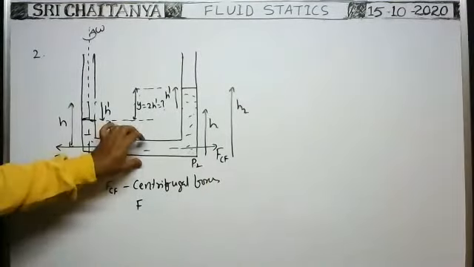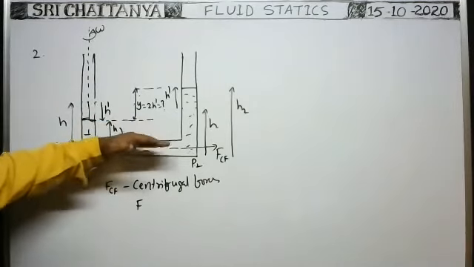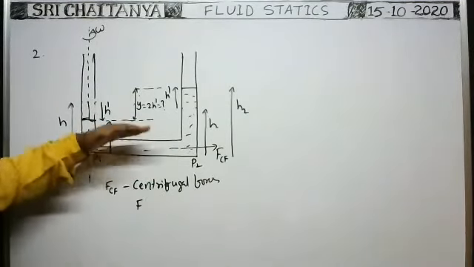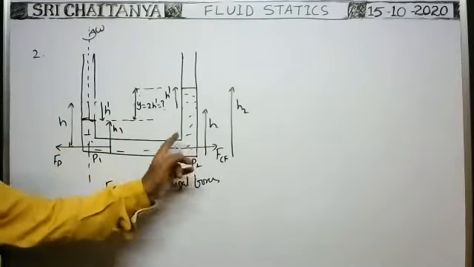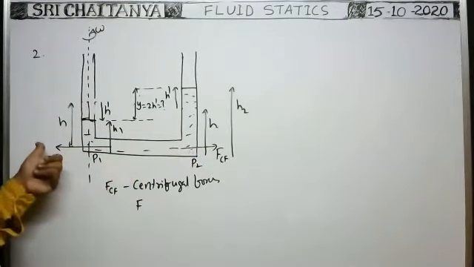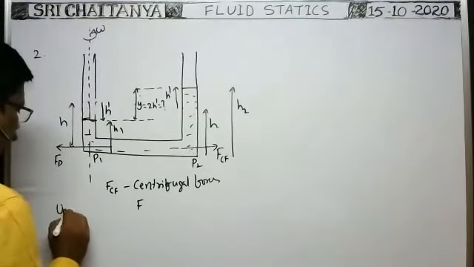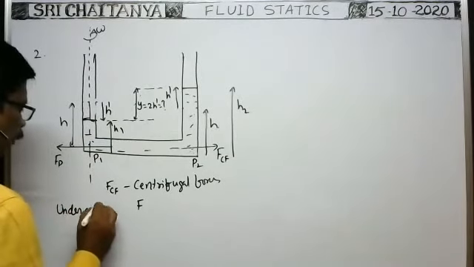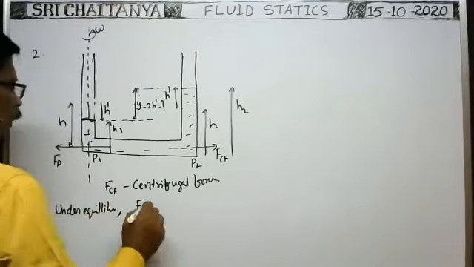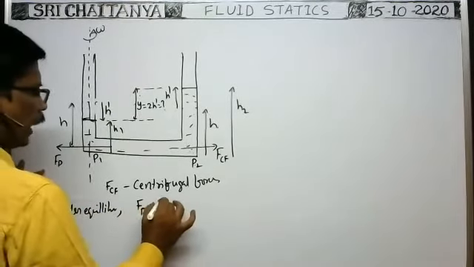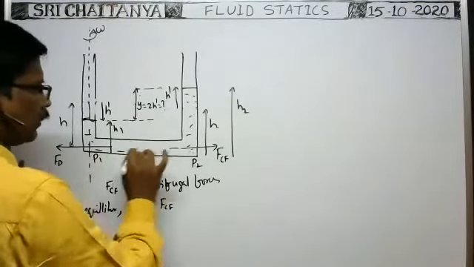Centrifugal force acts in this direction, and due to pressure difference the force acts in this direction. So under equilibrium, the force due to pressure difference must be balanced by the centrifugal force acting on this liquid column.